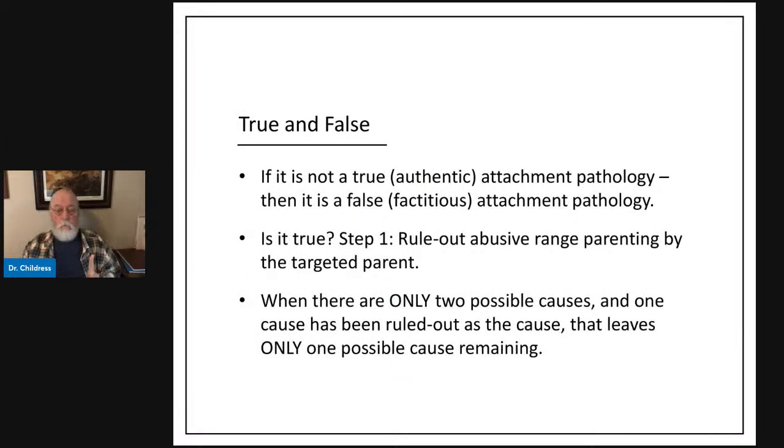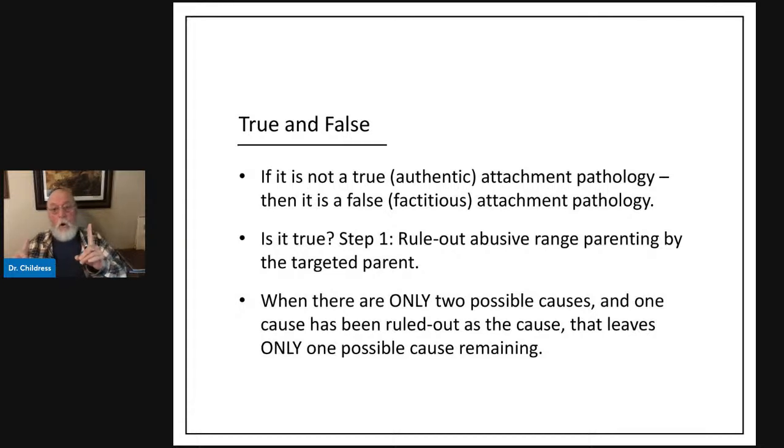Is it true? So you got these allegations being made that the targeted parent is abusing the child in some way, allegations by the child's symptoms in and of themselves, and perhaps verbally by the child and verbally by the allied parent. So are those allegations true? Step one, rule out abusive range parenting by the targeted parent.